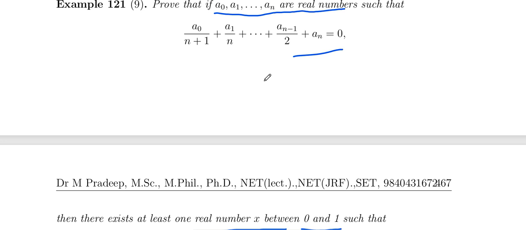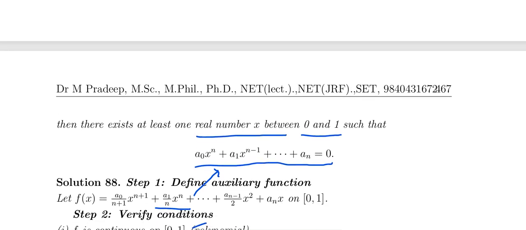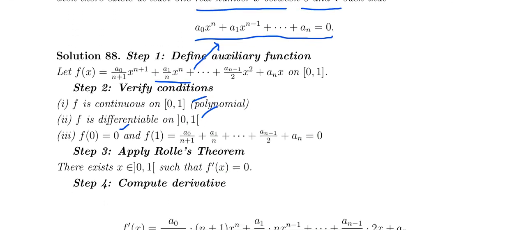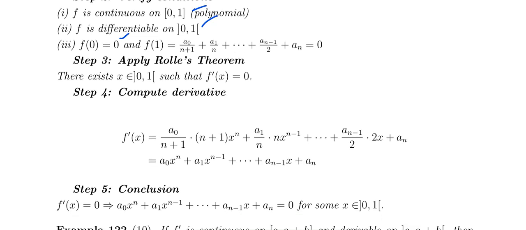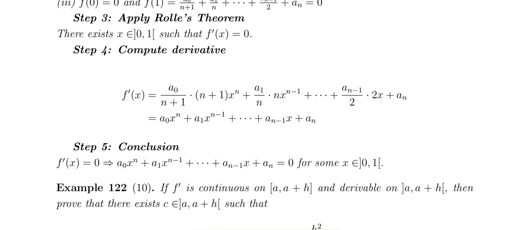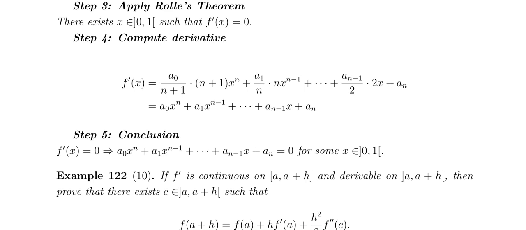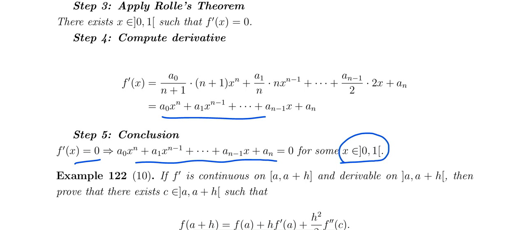So f of 1 equal to 0. So from this we can apply the Rolle's theorem. Rolle's theorem apply பண்ணினால் there exists some point c, f dash of c equal to 0. So f dash of x equal to 0 என்று வந்துடும் Rolle's theorem படி. அப்படின்னா x என்பது 0-க்கு 1-க்கு இடையில் இருக்கிற ஒரு value. So that is the proof.